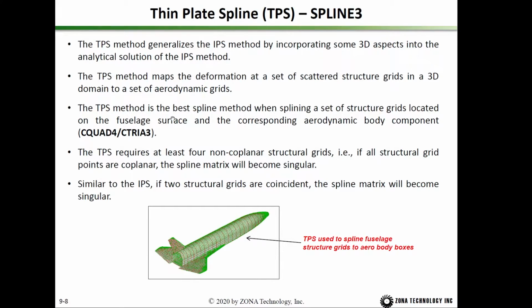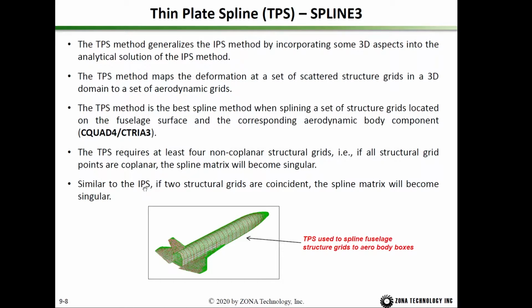The TPS method is the best spline method when splining a set of structural grid points located on the fuselage and the corresponding aerodynamic body component modeled by CAERO4 or CAERO3. So the TPS requires at least 4 non-coplanar structural grids, so as to define a 3D space. If all structural grid points are coplanar, the spline matrix will become singular.